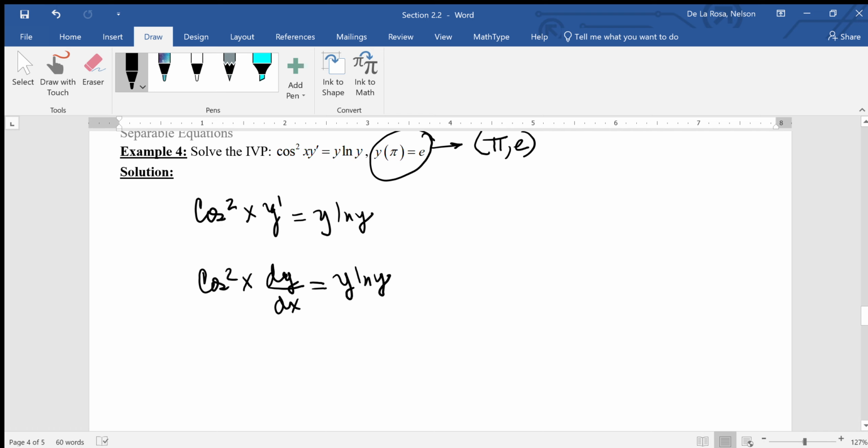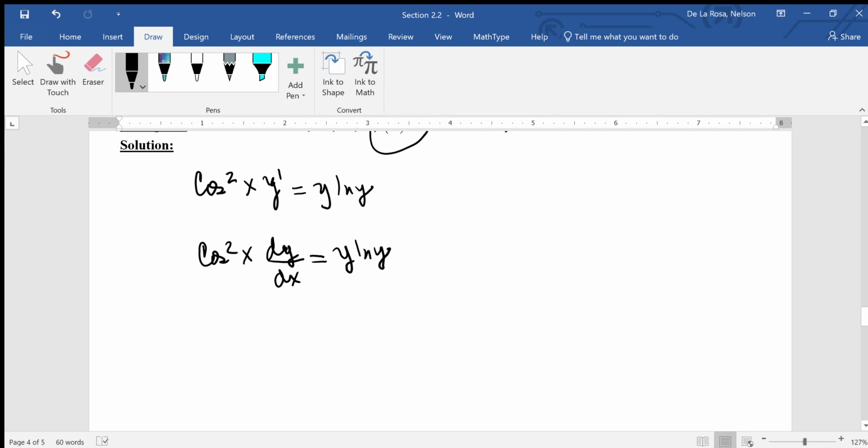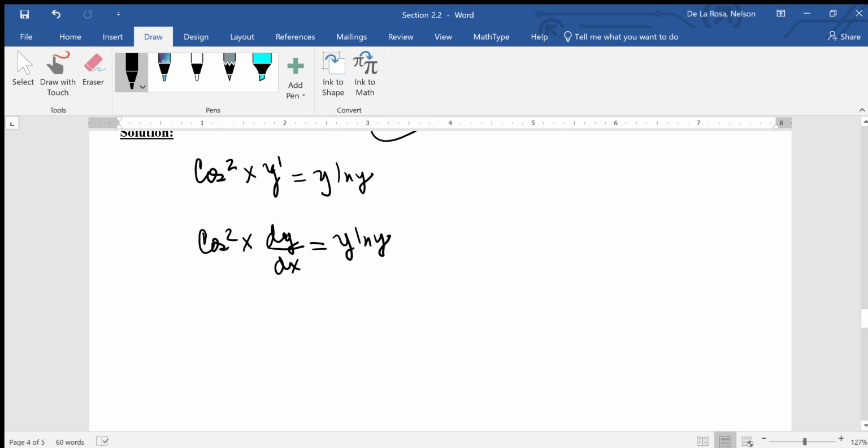And then we can separate variables. We can say that this is equivalent to dy over y ln of y equals dx over cosine square of x.